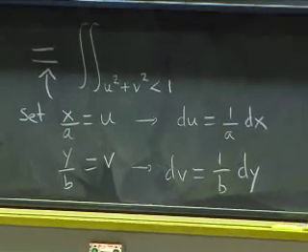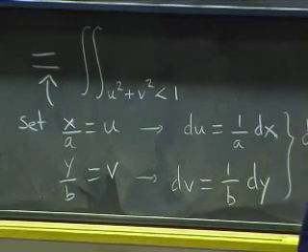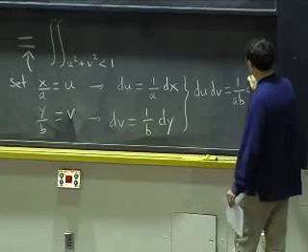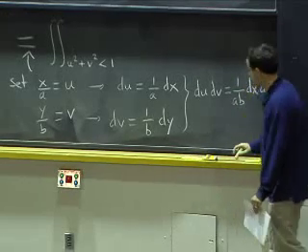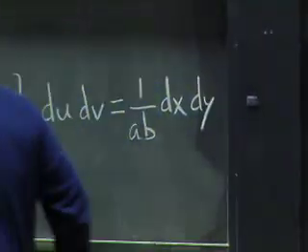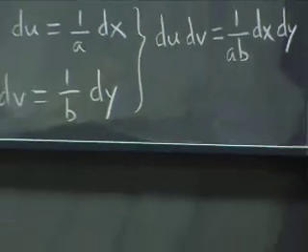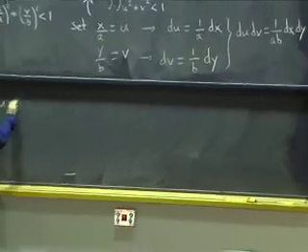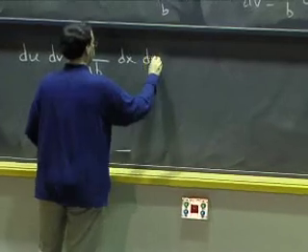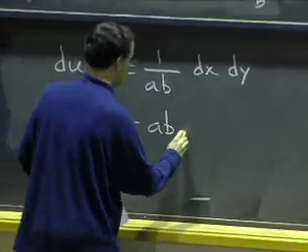So it's very tempting to write, and here we can write, in this particular case, that du dv is 1 over ab dx dy. Let me rewrite that. So I get du dv equals 1 over ab dx dy, or equivalently, dx dy is ab times du dv.